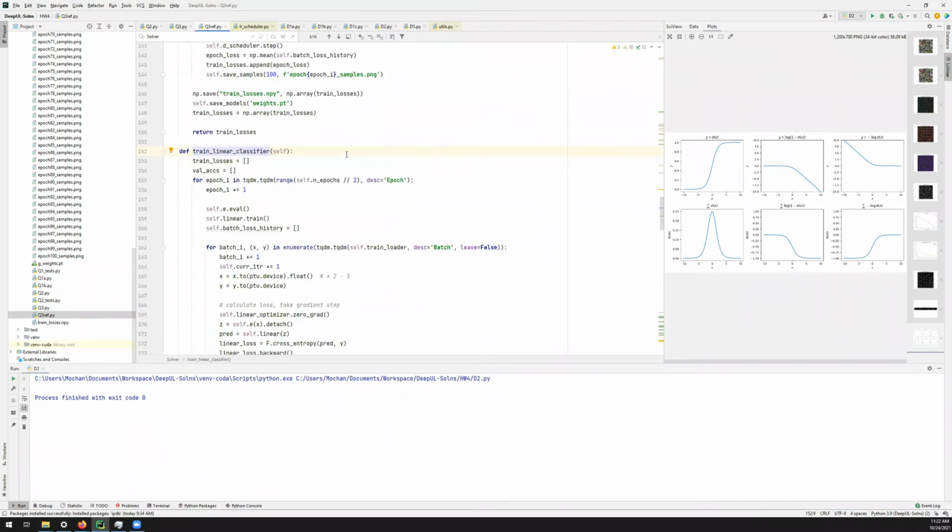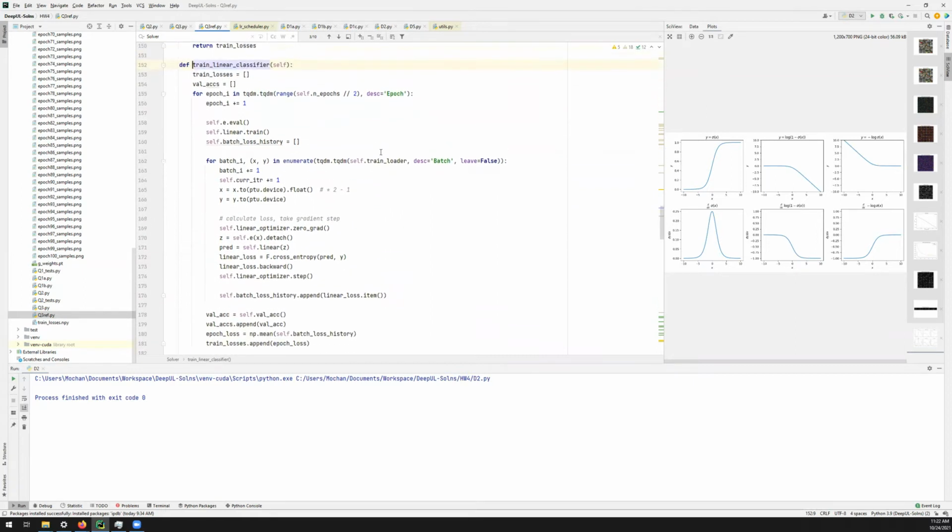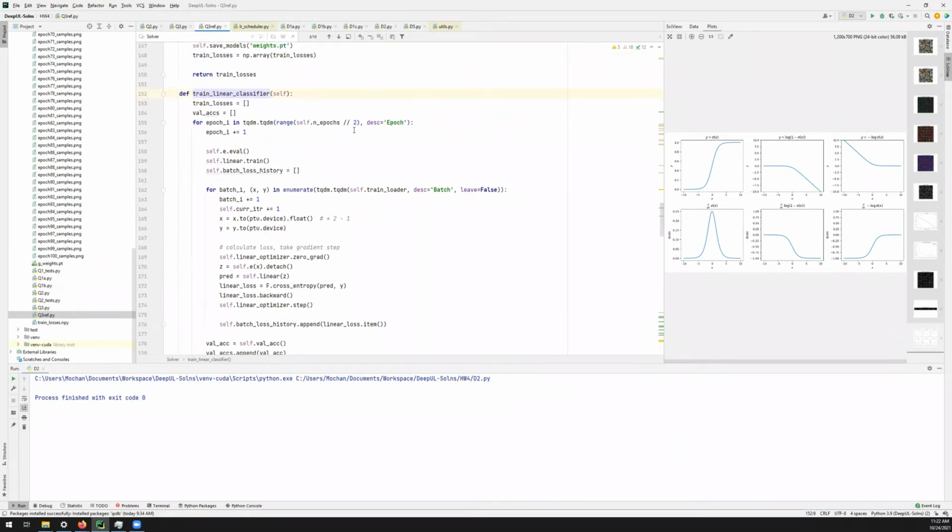Right? So this one, let's look at it quickly. This should be pretty straightforward. This is just supervised learning. Yep, zero grad, detach. We have cross entropy, then we do backwards, and then the linear optimizer step, right?